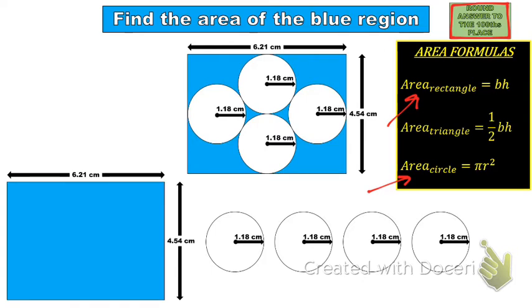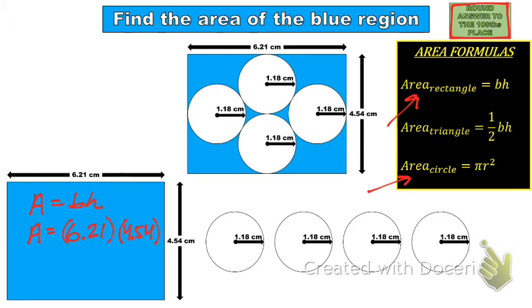To start with, we need to find the area of the entire blue rectangle as if it didn't have any holes cut in it. We will use the area of a rectangle equals base times height, and the area of this rectangle will be its base, which is 6.21 centimeters, multiplied by its height, which is 4.54 centimeters.